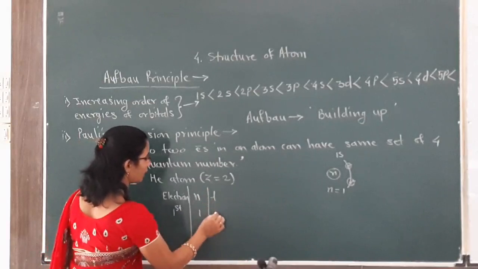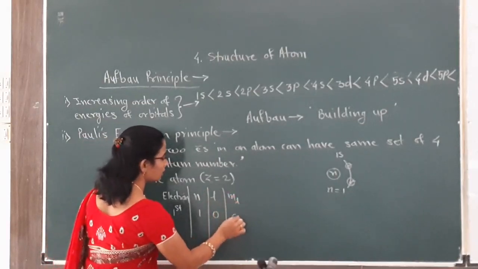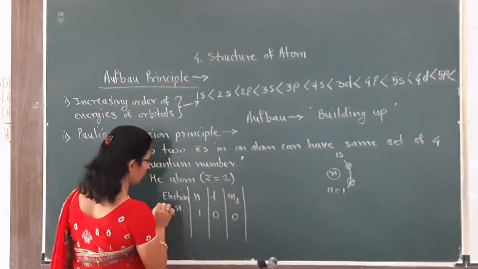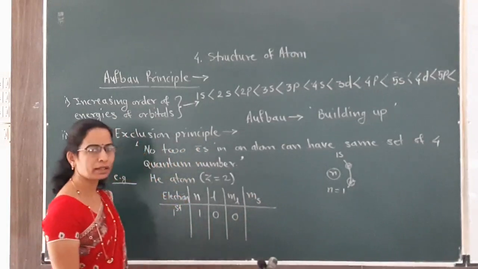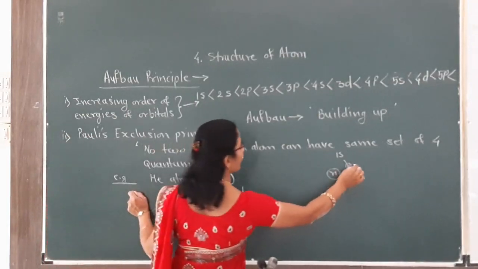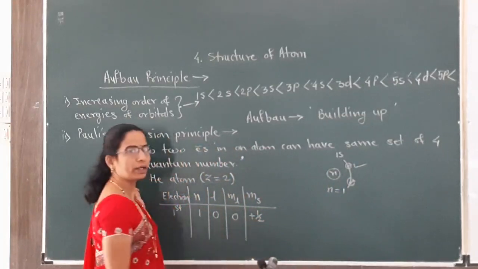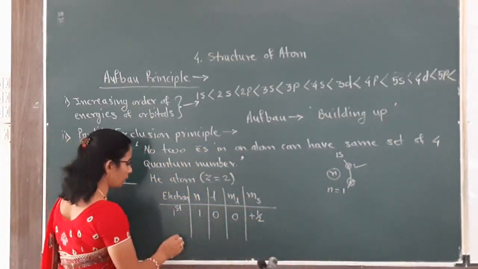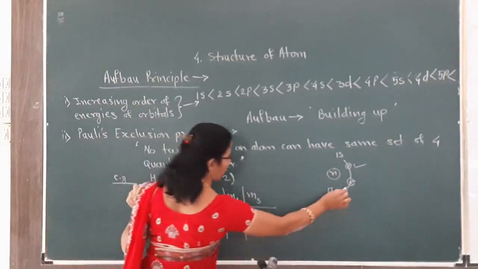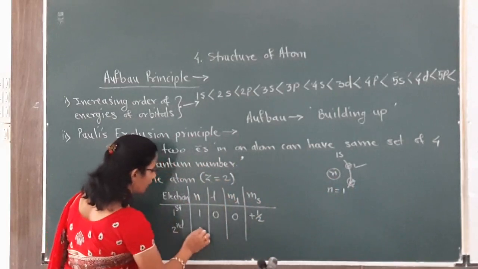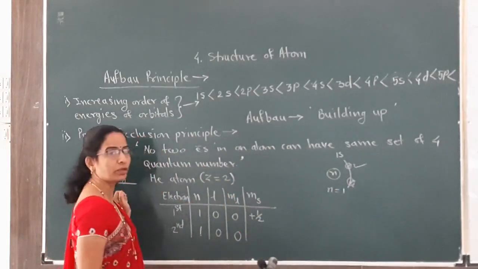The value of l will be 0. The value of m is again 0 by using all the rules that we have seen in the previous lectures. Now suppose the first electron is spinning in the clockwise direction, then its spin quantum number will be plus 1/2. Let's see the case of the second electron. Again for the second electron, n is equal to 1, l is equal to 0, m is equal to 0.